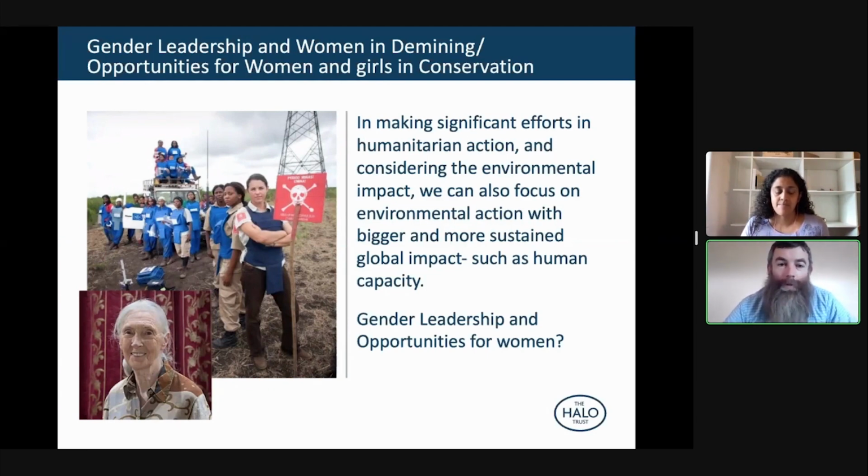But it also, when we think about considering the environmental impact, women in environmental action, women developing skills, women and girls really. You have to start at high school and college level. But that's a sustained global impact post-humanitarian crisis. Gender leadership opportunities for women and girls.